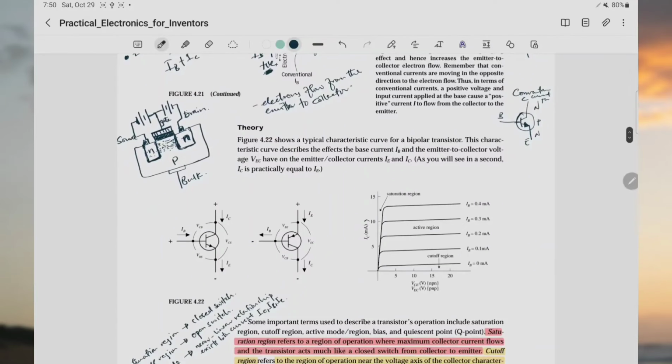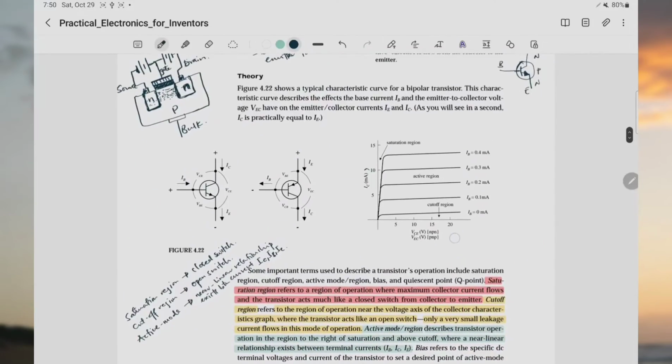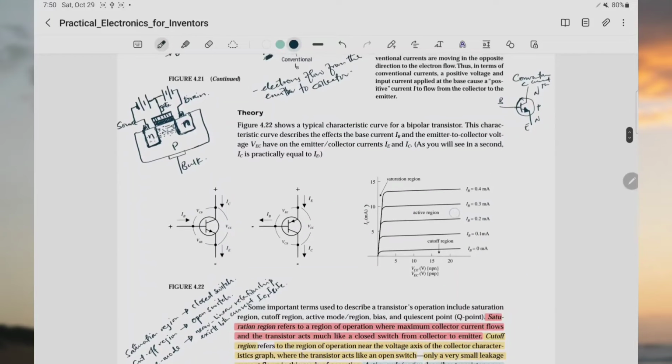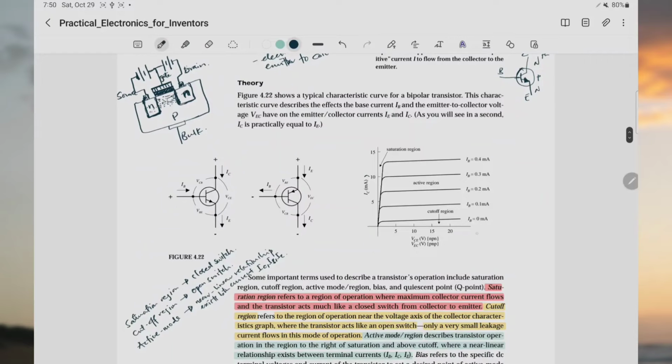Now let's talk about the three regions. This graph here describes the effects of the base current and the difference between the collector and the emitter voltage on the variation of the current flowing from the collector.